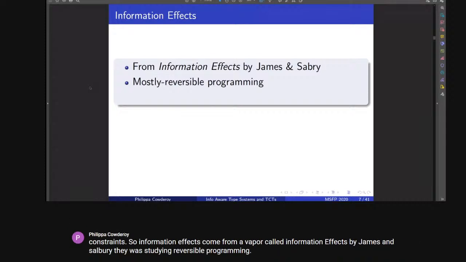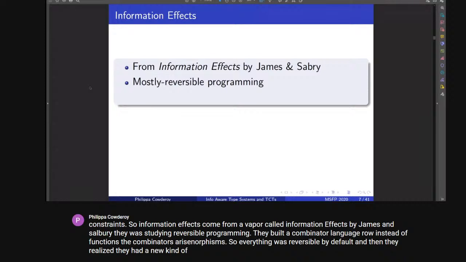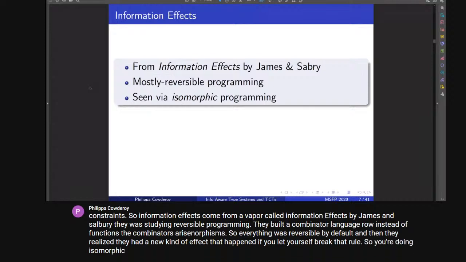They built a combinator language where instead of functions, the combinators were isomorphisms. So everything was reversible by default. And then they realised they had a new kind of effect that happened if you let yourself break that rule. So you're doing isomorphic programming by default, and information effects are what happen when you stop doing that temporarily.